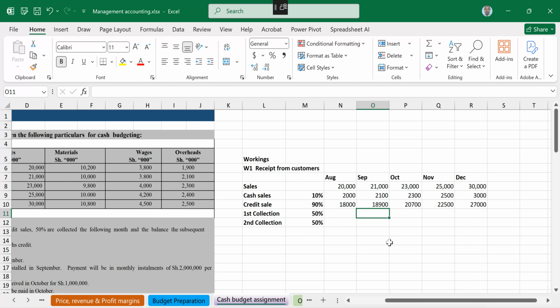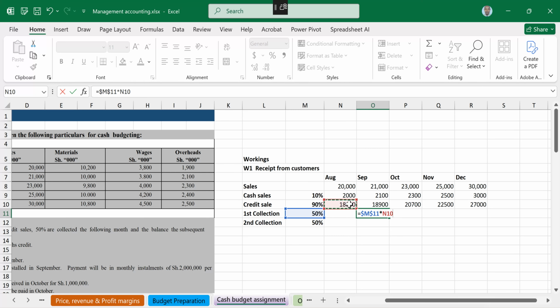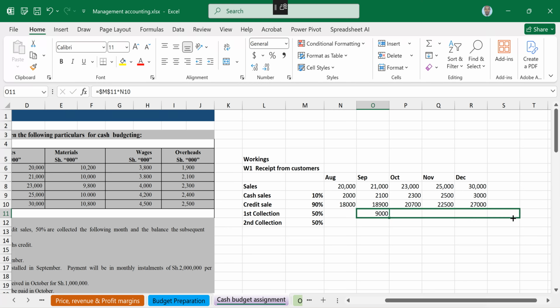So equal sign, click on the 50%, lock it, then multiply that times 18, enter, then this is what is dragged across. Drag this across. That moves all the way to January.